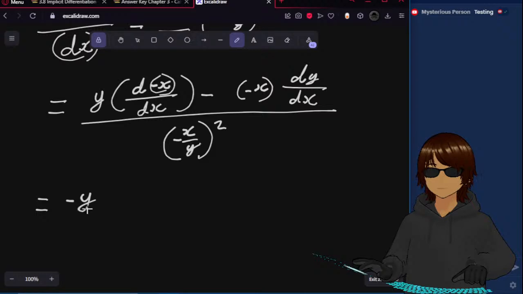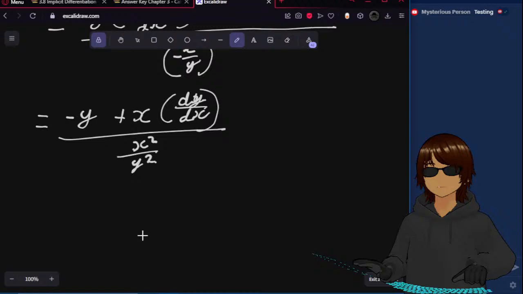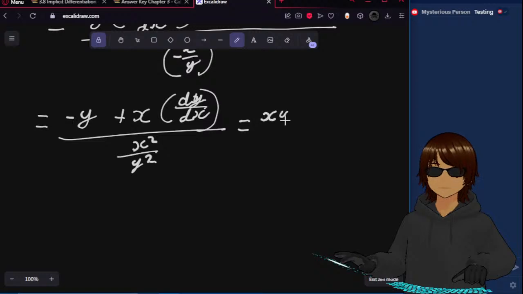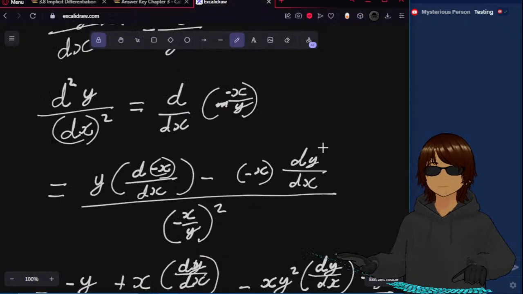Which is minus y, xy squared, like that.